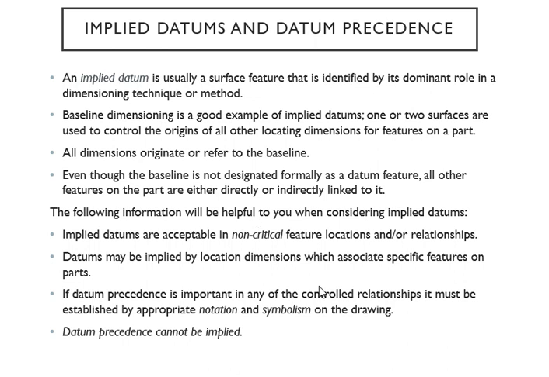So we use appropriate notation and symbolism to identify the precedence order, priority or importance order. In your datum precedence, you cannot imply it, even though the name is implied. Of course, precedence is order, and it depends on the functional significance.